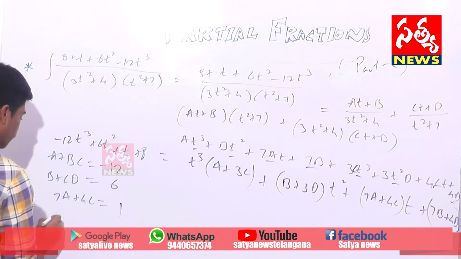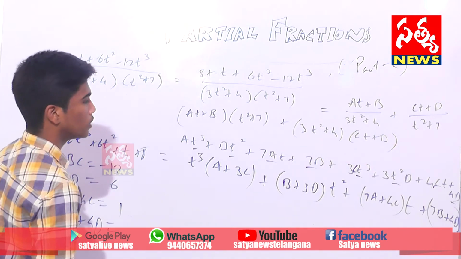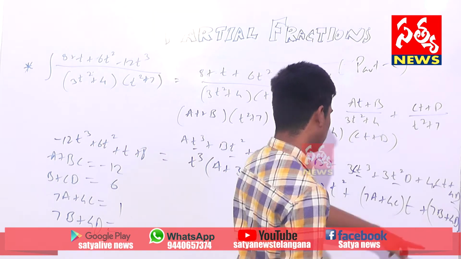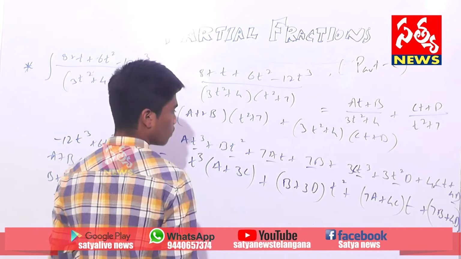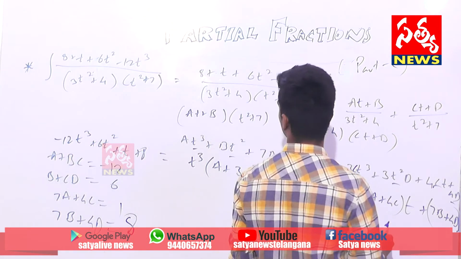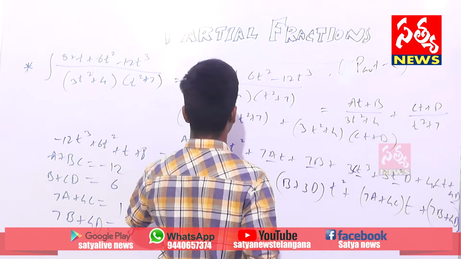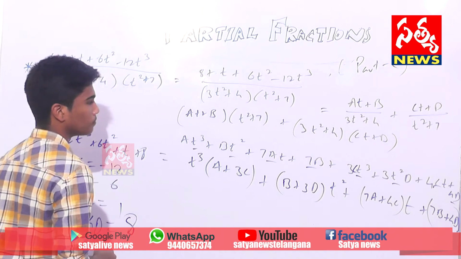The last one, 7b plus 4d. Is it correct? One sec. 7b plus 4d is equal to 8.